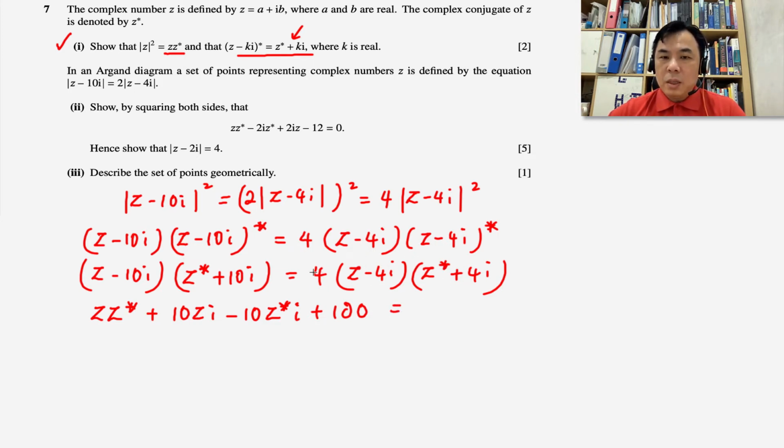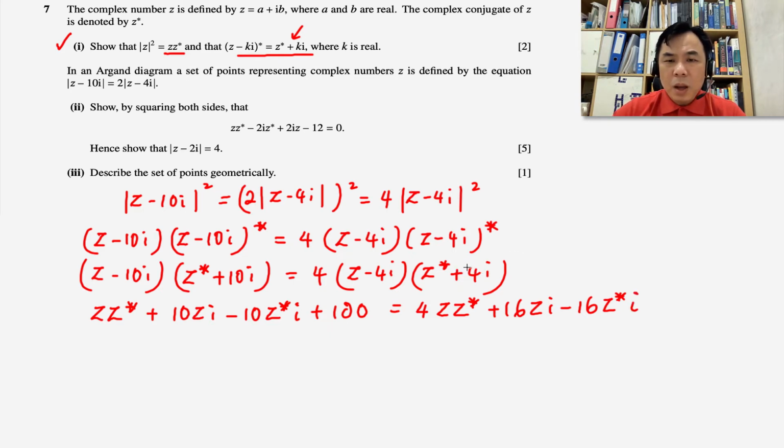I'm going to expand it directly with the 4 itself. So there will be 4z star here, and after that I will have my 16zi, and then I will have my 16z star or complex conjugate i. And then finally, I will have my plus 64 because there are 4 of them. Plus 64 here.